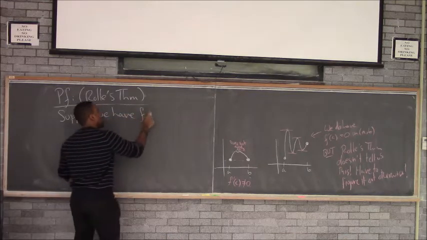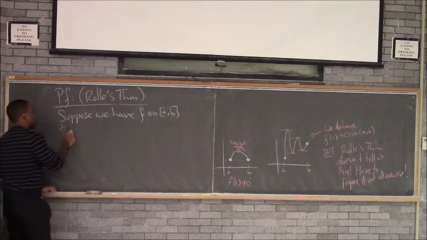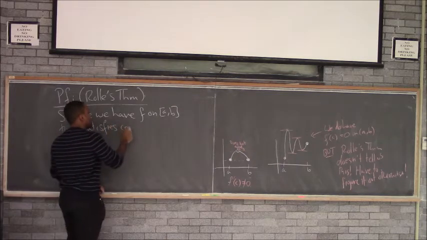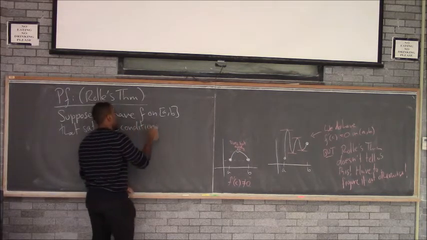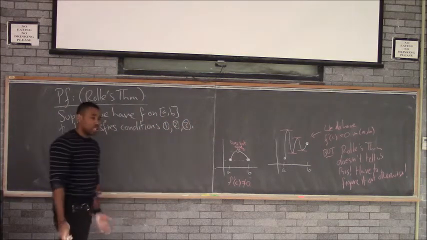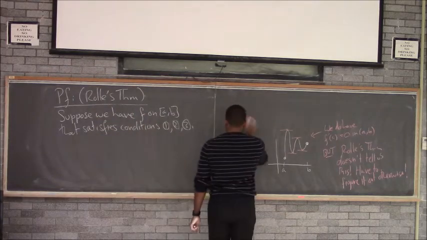Suppose we have f on AB that satisfies conditions 1, 2, 3. Okay, so pretend we're in that situation. How do I know I must have a point where the derivative is 0?